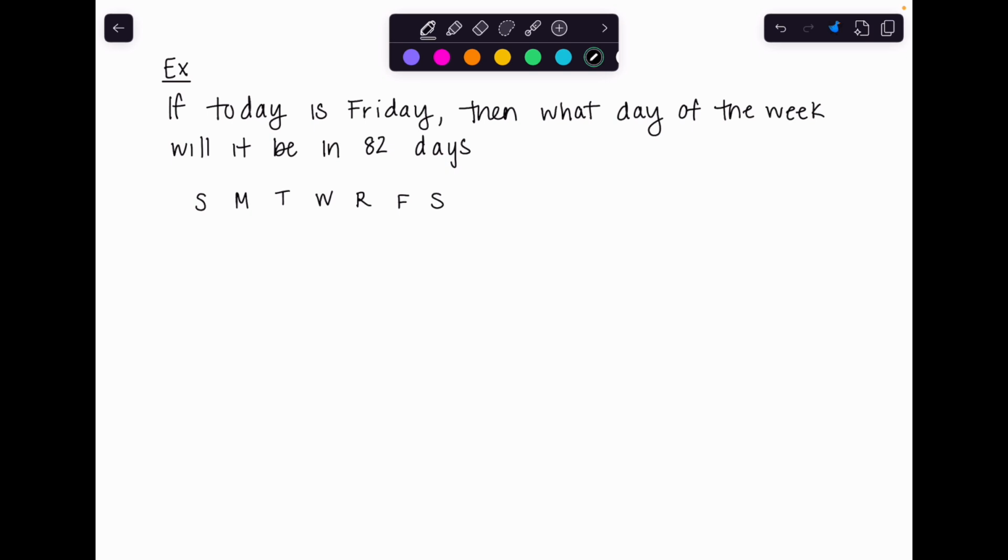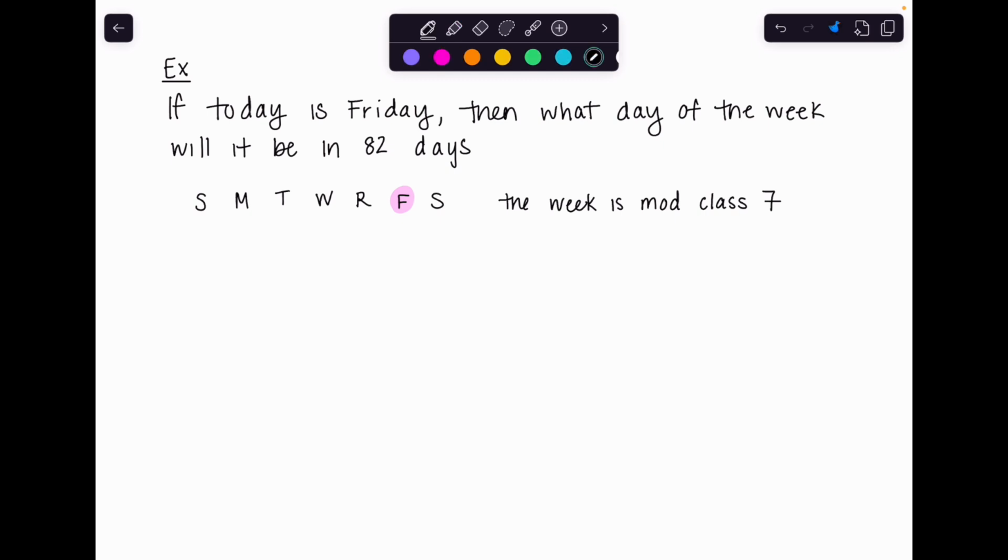So the week is modulus class 7. So essentially every single week that passes will still land me at Friday. So ultimately I just need to know what is my remainder, and then I'm gonna go forward that many days.